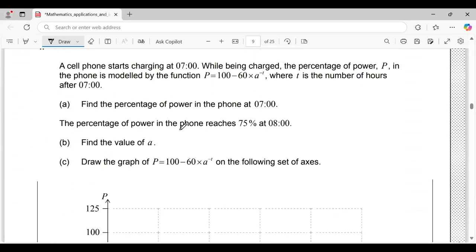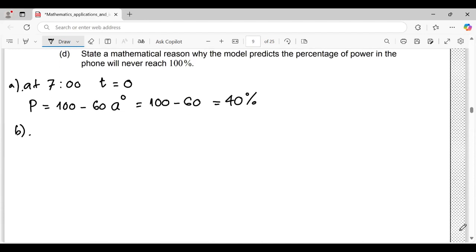The percentage of power in the phone reached 75% at 8 a.m. At 8 a.m. it means it is 1 hour. After 1 hour, the percentage is 75%. So t equals 1 and power was 100%?